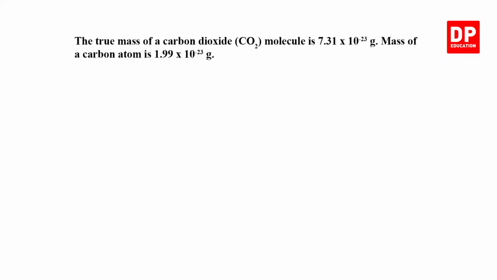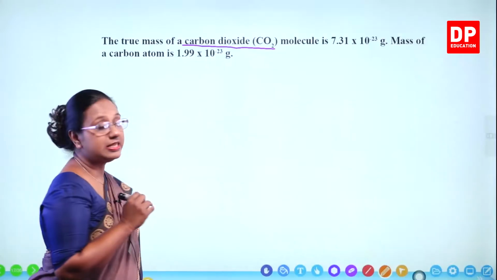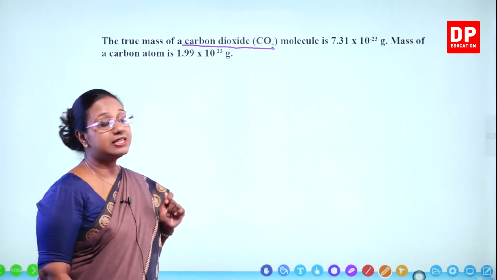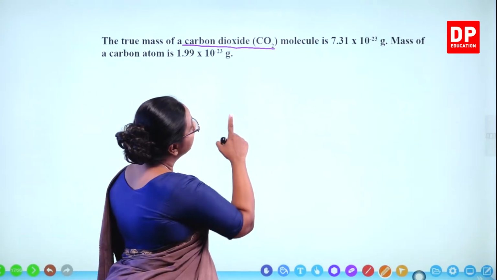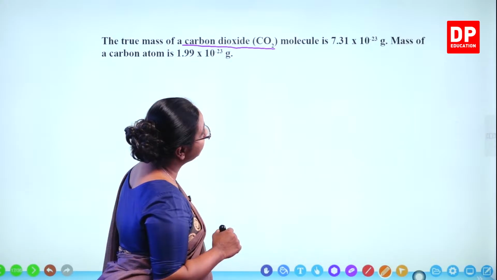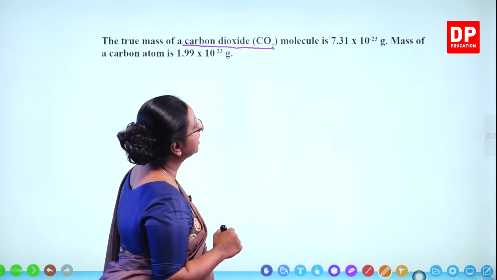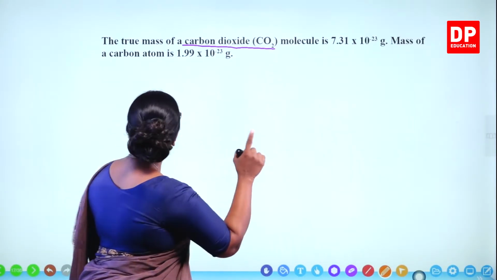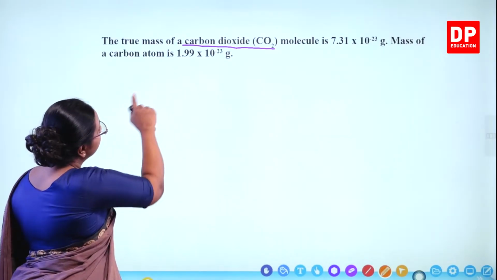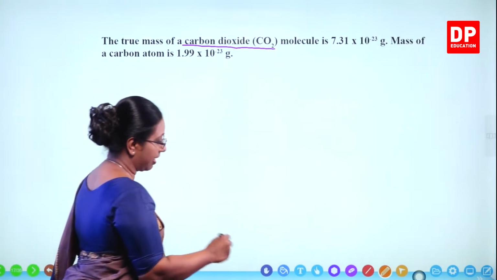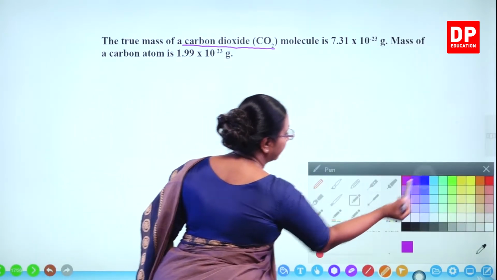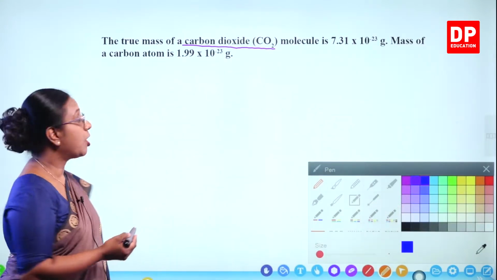The true mass of a carbon dioxide. So here you can see it is a molecule, and since it's a heteroatomic molecule, you know it's a compound, is 7.31 into 10 to the minus 23 grams. Mass of a carbon atom is 1.99 into 10 to the minus 23 grams. So we need to calculate the relative molecular mass.